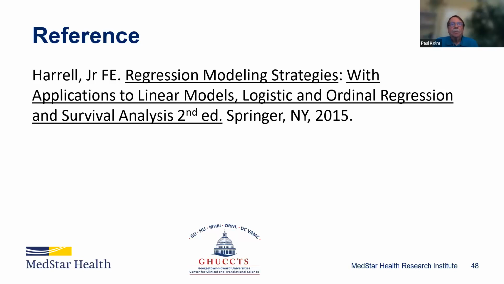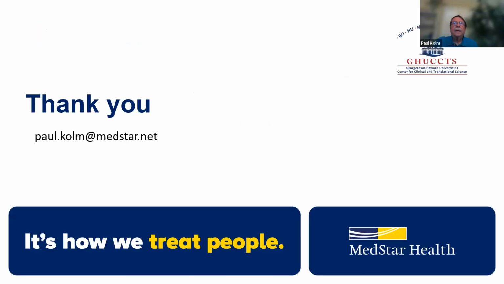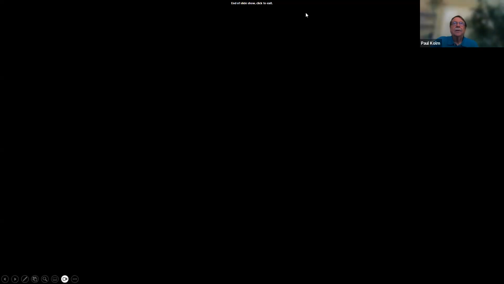He does linear models, logistic, and time to event regression models or survival analysis. We'll look at these in the next 2 sessions, logistic next month, and then the month after that, survival analysis.